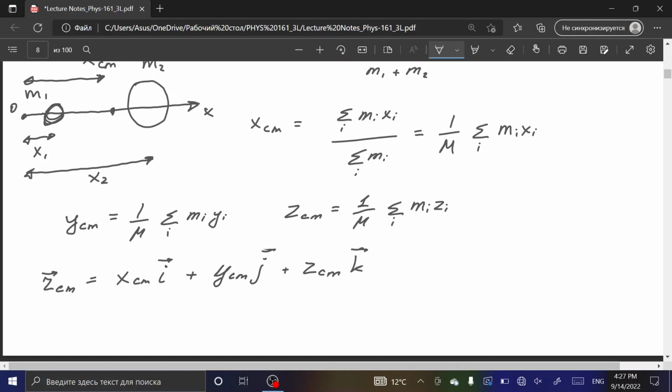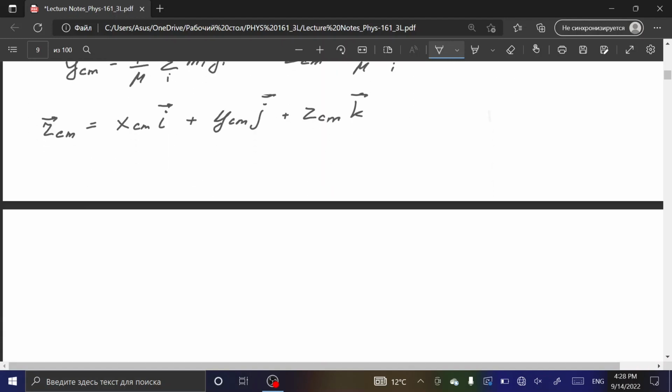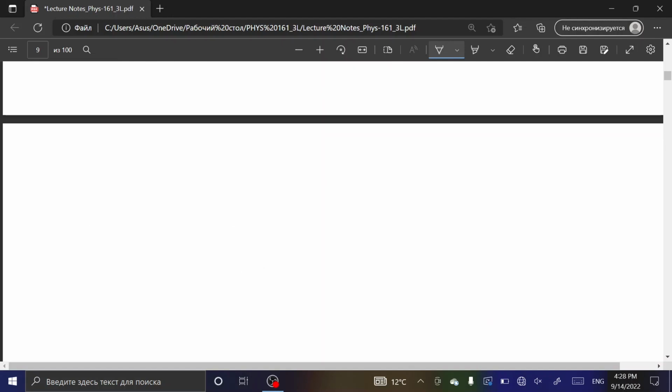So in this case, what do we need to do? We need to divide this continuous body into small segments and deal with them as if they are individual objects. So let's say we have some arbitrary shape distributed body, let's say a three-dimensional body.